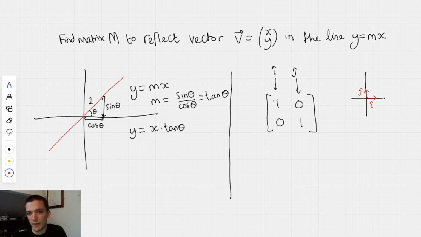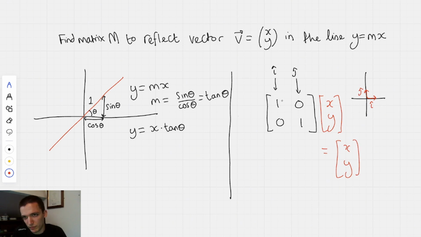So this matrix I've drawn here says i hat becomes this vector, 1, 0, which is simply i hat, and j hat becomes this vector, 0, 1, under transformation, which is simply j hat. And so what I've actually drawn here is the identity matrix. If you multiply a vector by this, you simply get that original vector back.